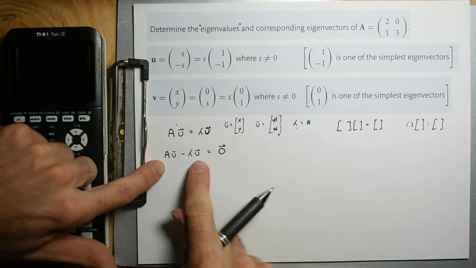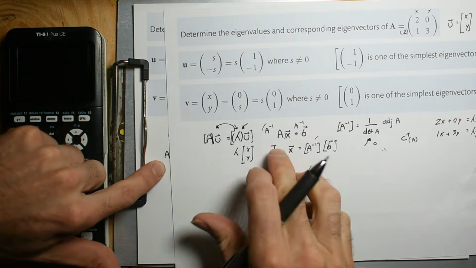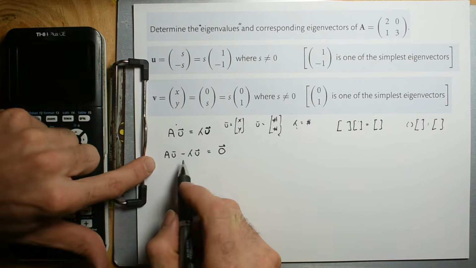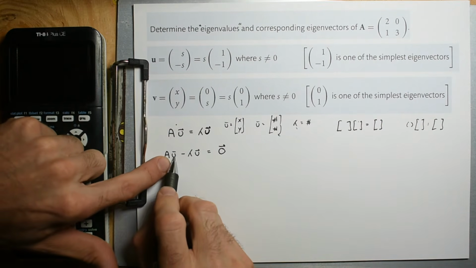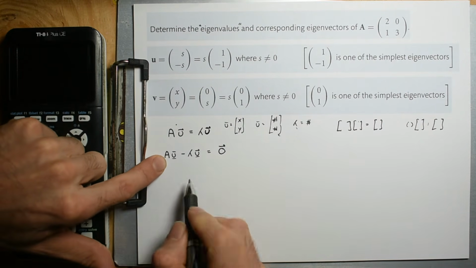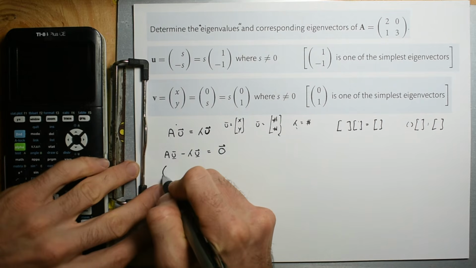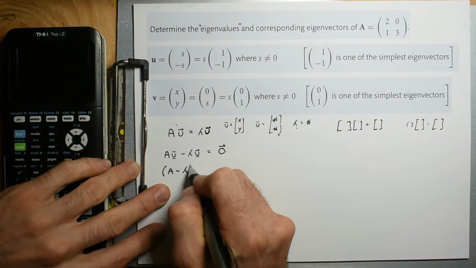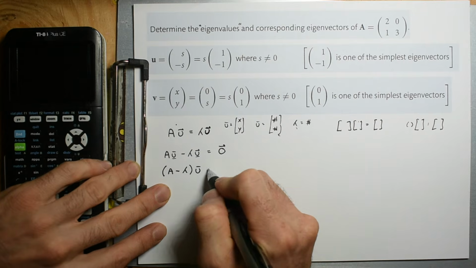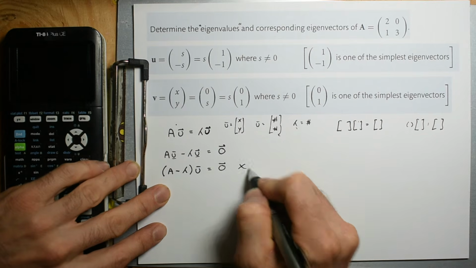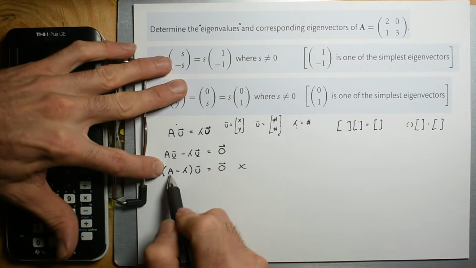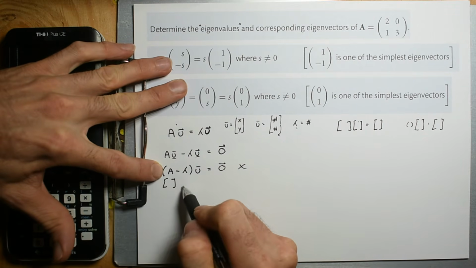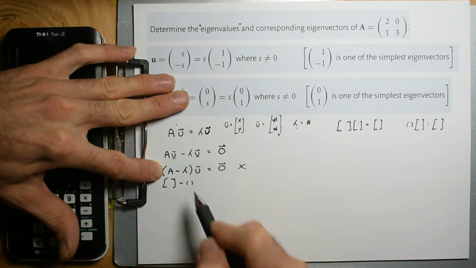But this next part is what kind of threw me for a loop, and I'm kind of just learning on the fly. If I want to factor out that we both have this vector u, I could do parentheses A minus the scalar times u. But this is where we would probably be wrong, because this is a 2 by 2 and this is a scalar.